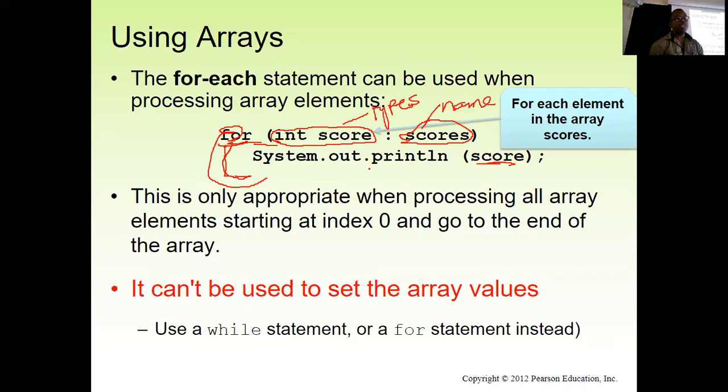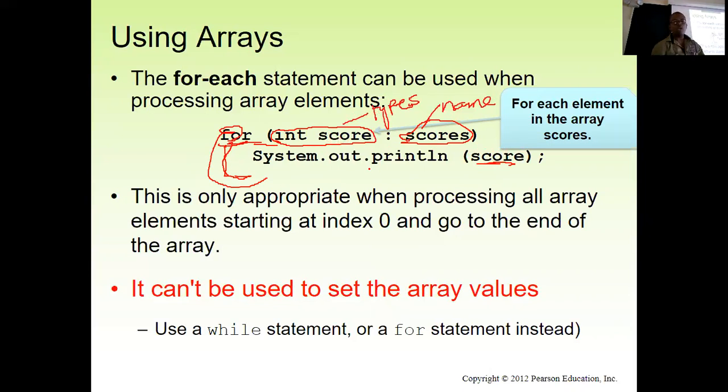Now, this is a special construct that works. The most important thing to note is that the first thing inside of the brackets of the for loop must be the declaration of a type which is consistent with the type that is inside of our array.